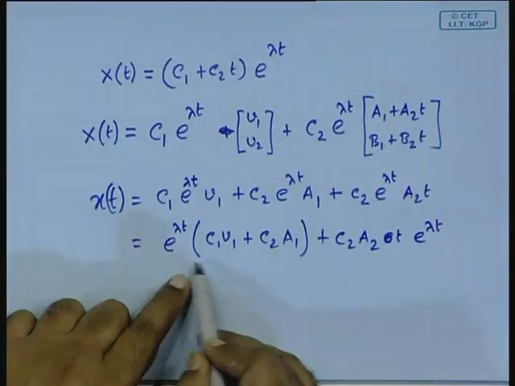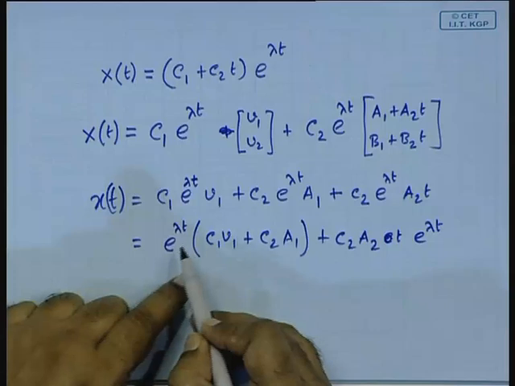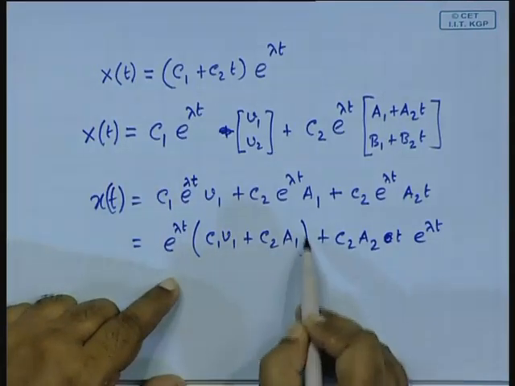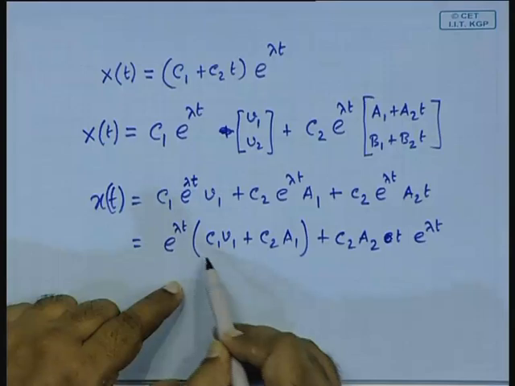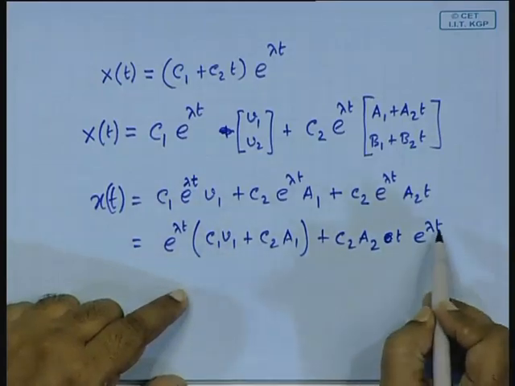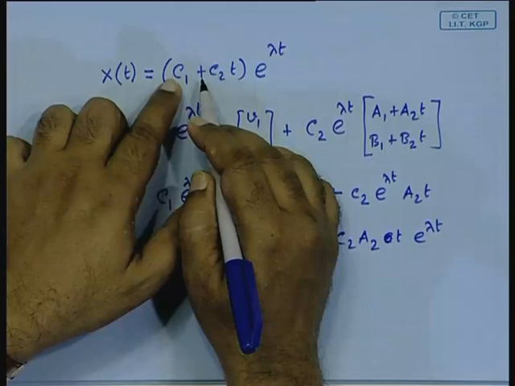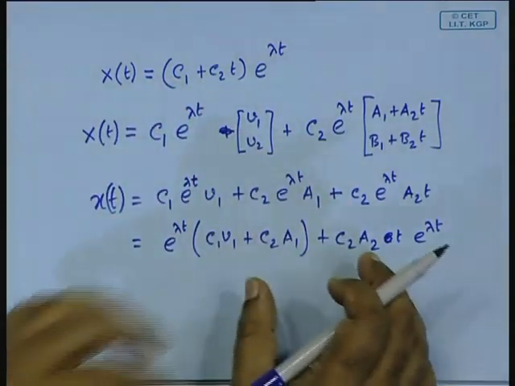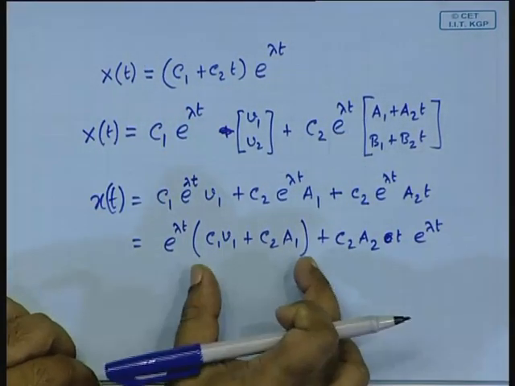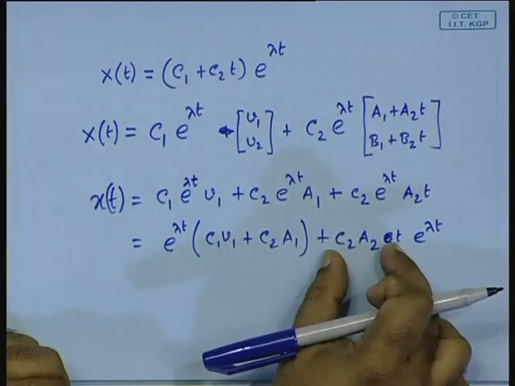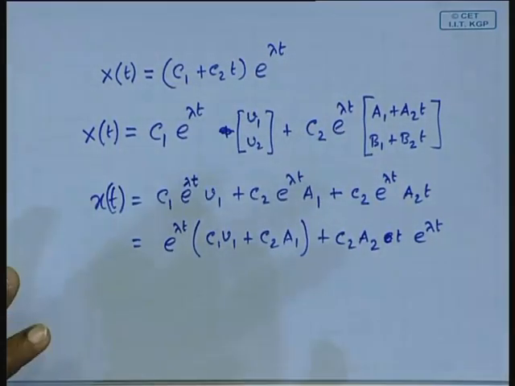So you see there is one term with e to the power lambda t, with a coefficient that is a constant. There is another term with t e to the power lambda t with another constant coefficient, that is what we have written here. So it is just an abbreviation of that. We have clubbed all this together as the new C 1 and all this together as the new C 2, that is all.